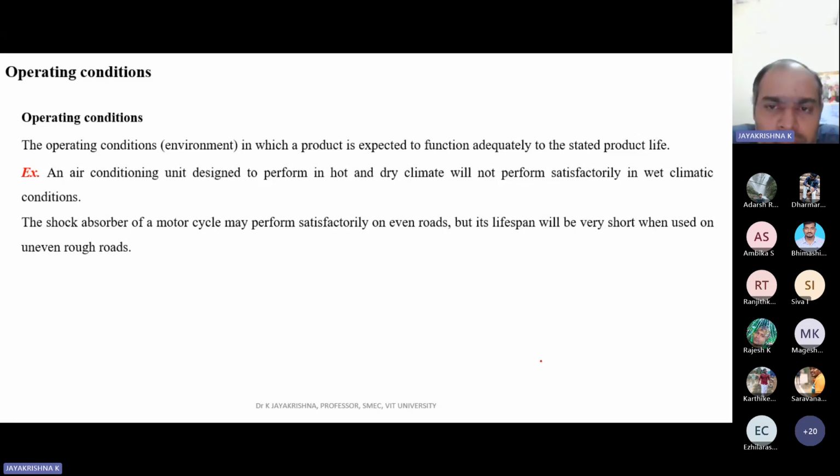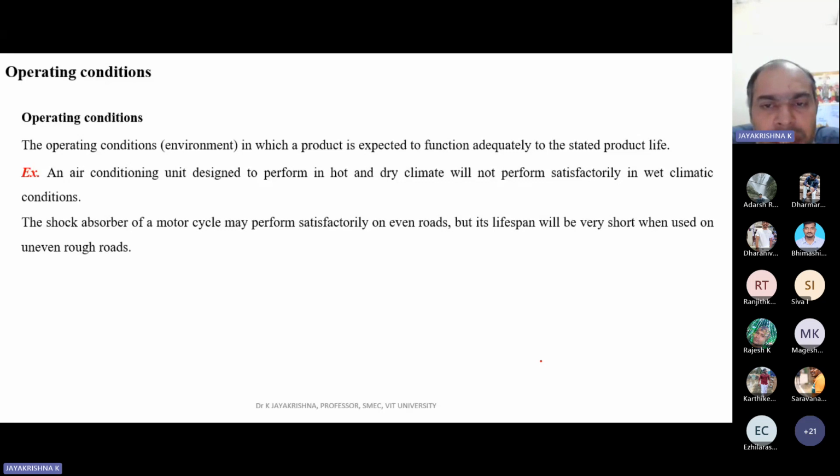The operating condition is also a constraint in designing the product. If we want to design a product, or choose a material for a boiler, you should take into consideration the boiler temperature, and only then design the product or choose the material.